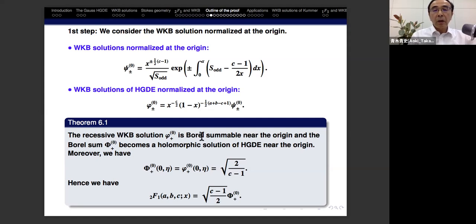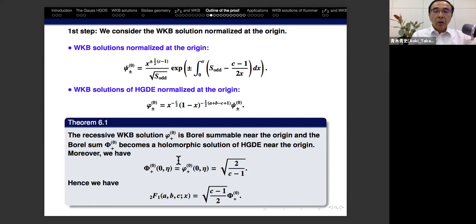Precisely speaking, it is Borel summable outside the origin, and the origin is a removable singularity, and its Borel sum becomes a holomorphic solution of the hypergeometric differential equation.